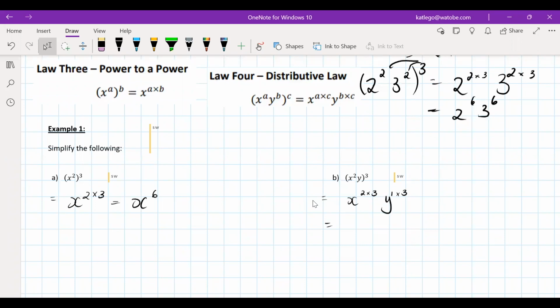So that would give us x to the exponent of 2 times 3. Be careful, don't add, multiply. Which is how much? 6, right?